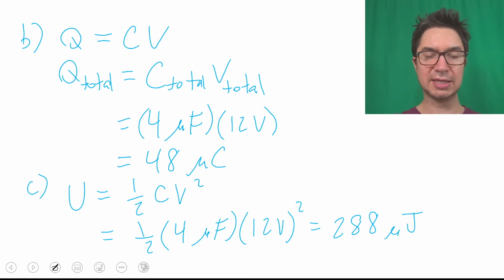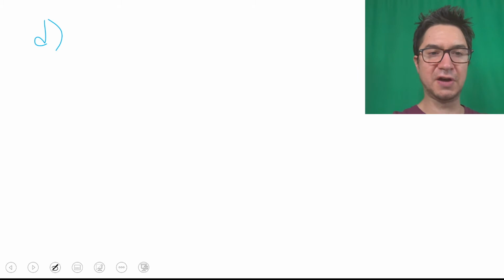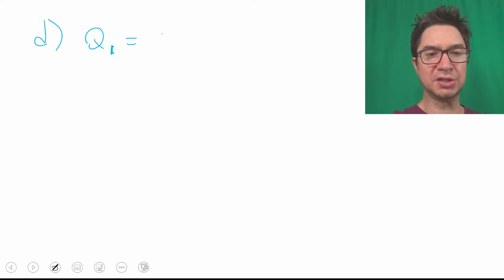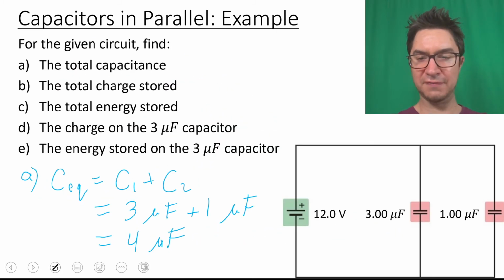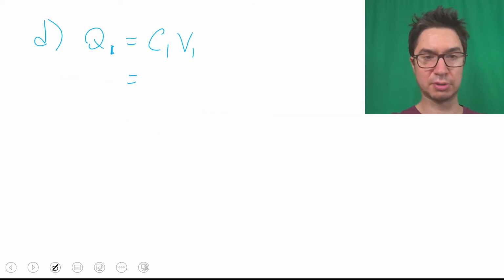All right, let's take a look now at part D. Part D asks us to find the charge stored on capacitor 1. I'm going to call that Q1. And Q1 is going to be C1 times V1. If we go back and look at our diagram, if this is capacitor C1 and this is capacitor C2 over here, the capacitance of the 3 microfarad capacitor is 3 microfarads. So that's our capacitance.